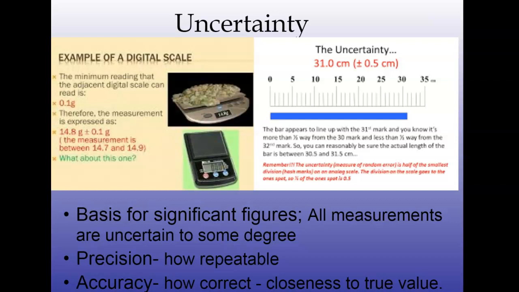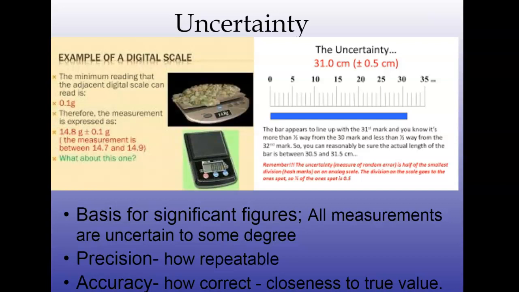Now, things change a little bit when we don't have a digital scale. Instead, we have an analog scale like the one you see in front of you. If you take a look at how long the blue bar is, it's coming in right around 31.0 centimeters. In the red down below, it says, remember, the uncertainty, which is the measure of random error, is half of the smallest division.